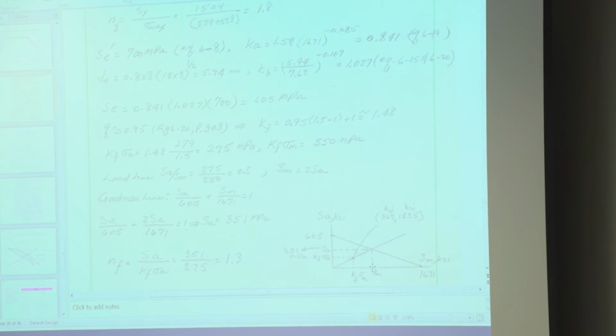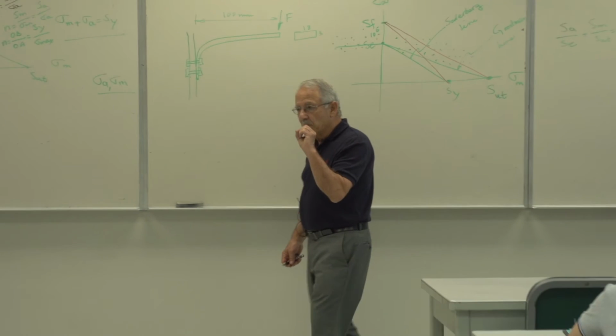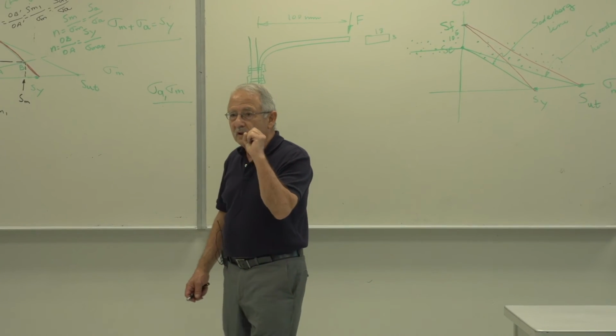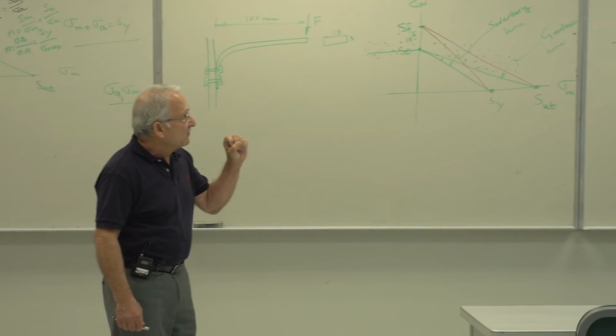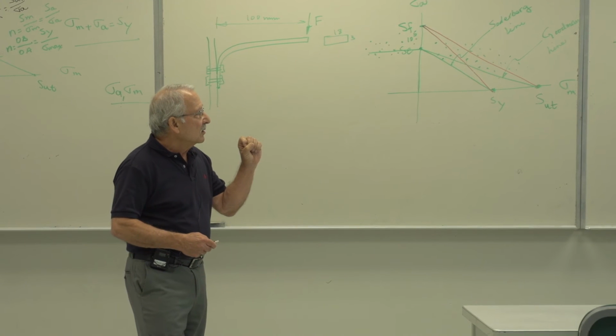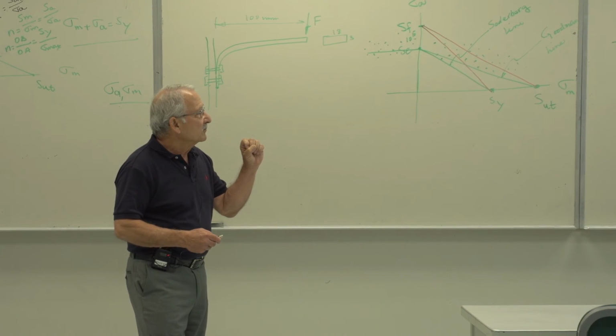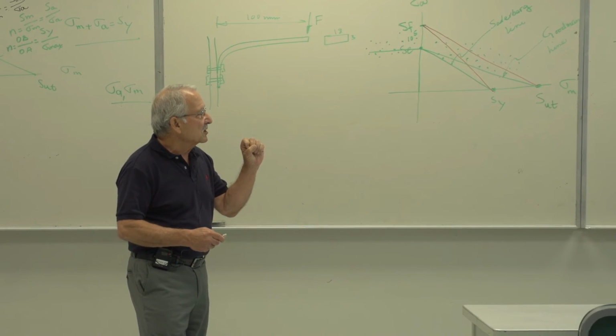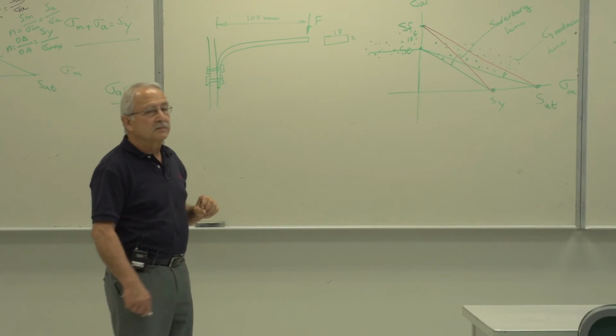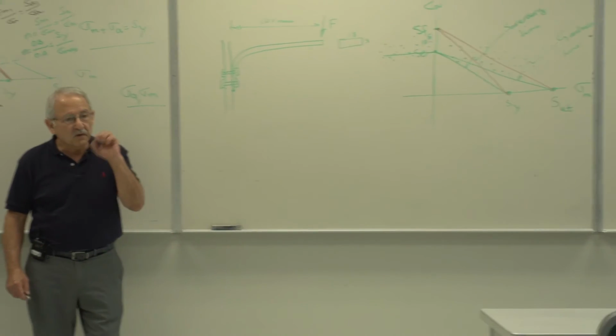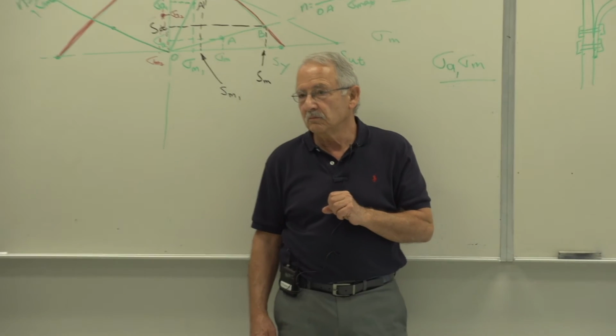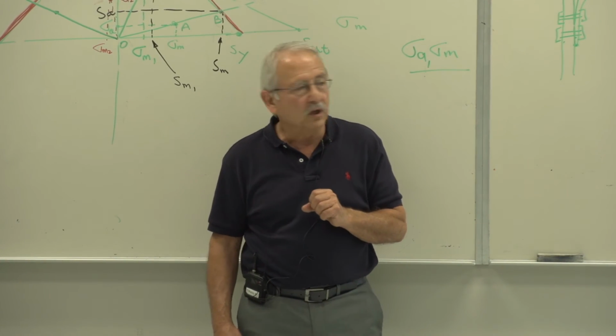In other words, this is equivalent to a member with a diameter of 5.94 millimeters if it were rotating bending. That's the meaning of the equivalent diameter.